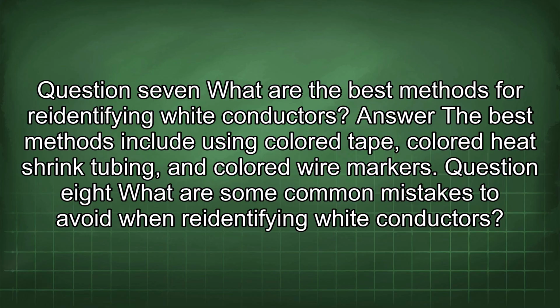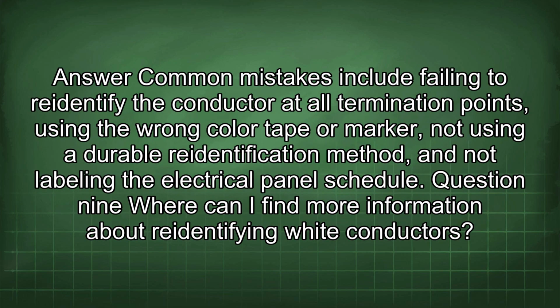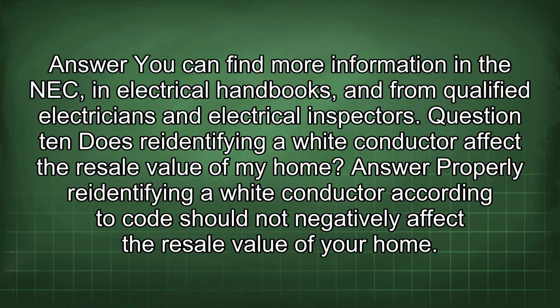Question 8. What are some common mistakes to avoid when re-identifying white conductors? Answer. Common mistakes include failing to re-identify the conductor at all termination points, using the wrong color tape or marker, not using a durable re-identification method, and not labeling the electrical panel schedule. Question 9. Where can I find more information about re-identifying white conductors? Answer. You can find more information in the NEC, in electrical handbooks, and from qualified electricians and electrical inspectors.